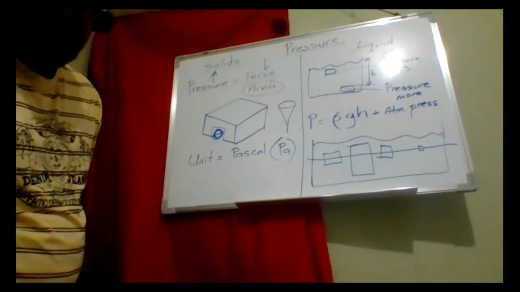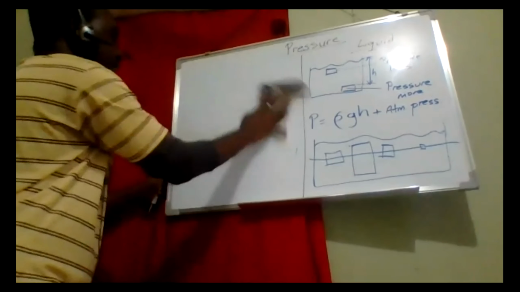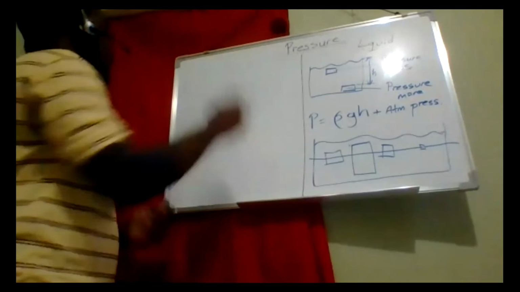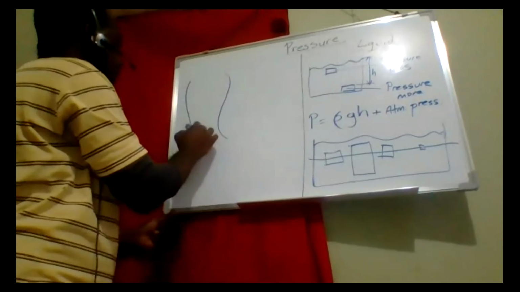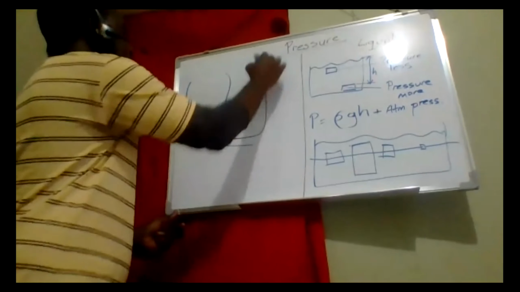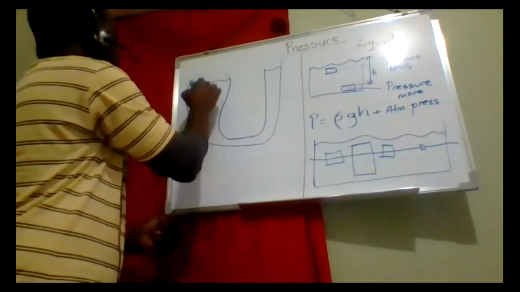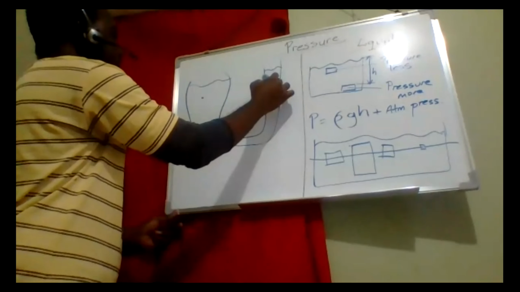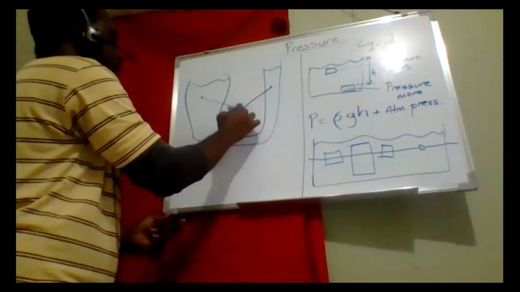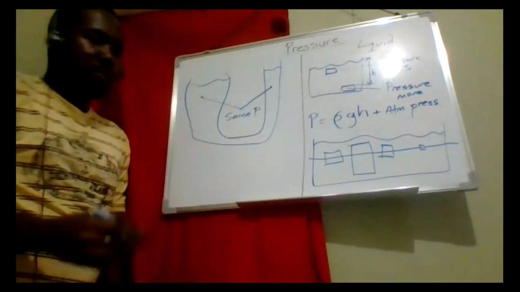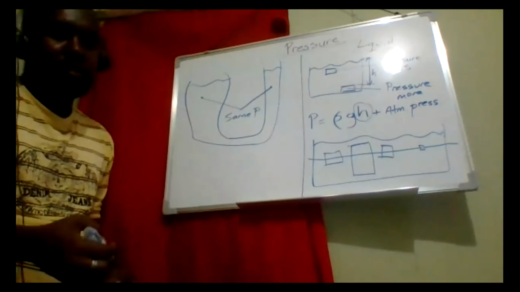So if the container has more water on one side than the next, it's the same pressure that it exerts. If your container over here is big, and on this side it's smaller, and we're looking at this point, which is the same height as this point, these two points have the same pressure, because they both have the same depth inside the liquid.